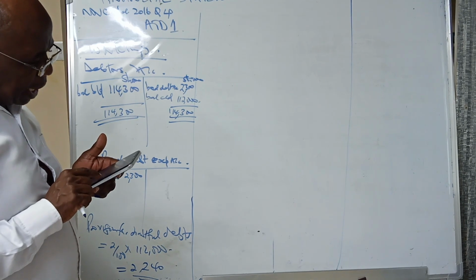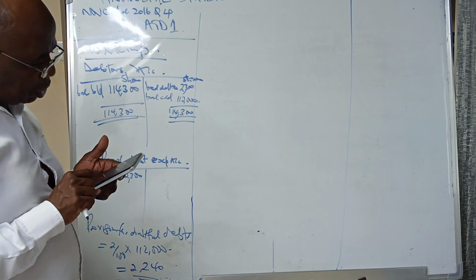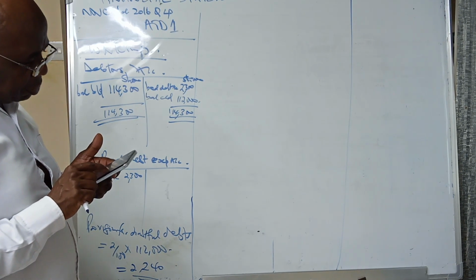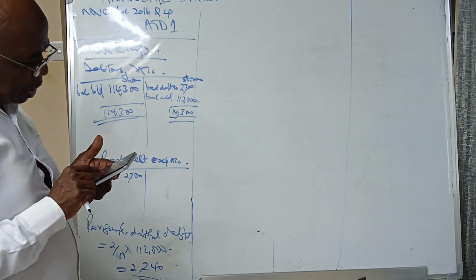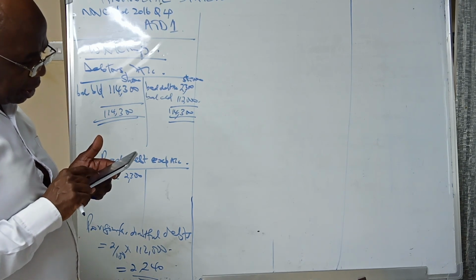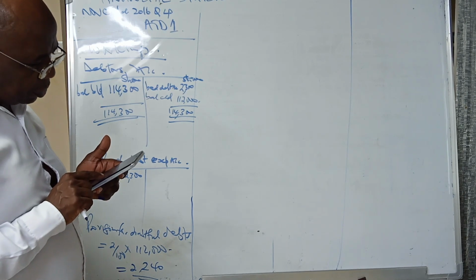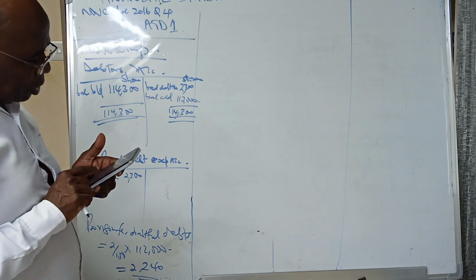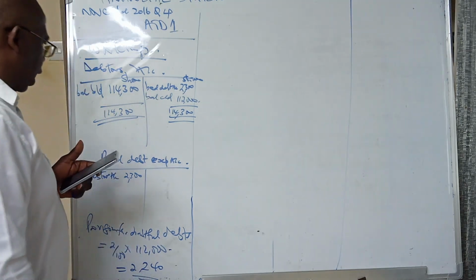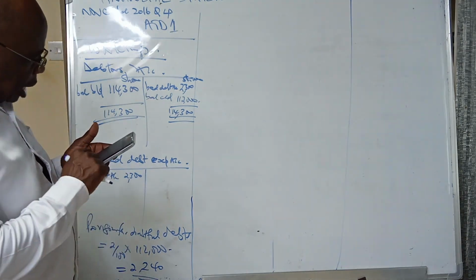I don't seem to have a provision for doubtful debts, and therefore I will take it as an expense. So the provision will be an expense, and the bad debt will also be an expense.